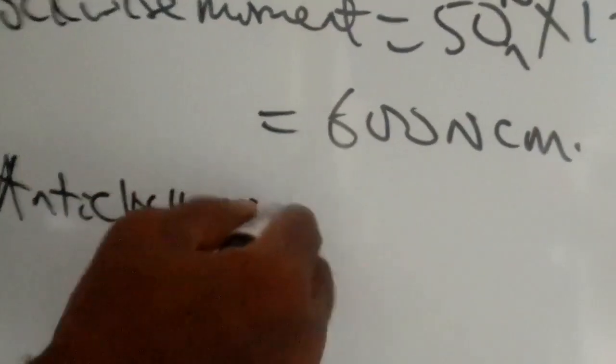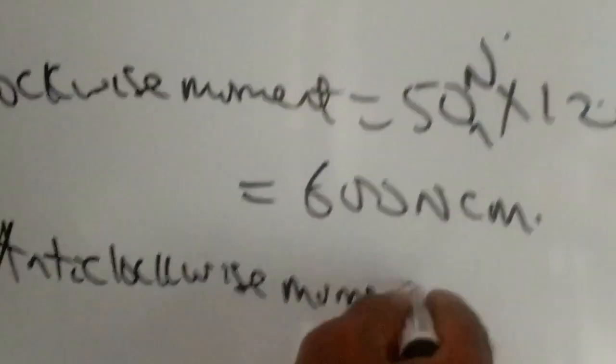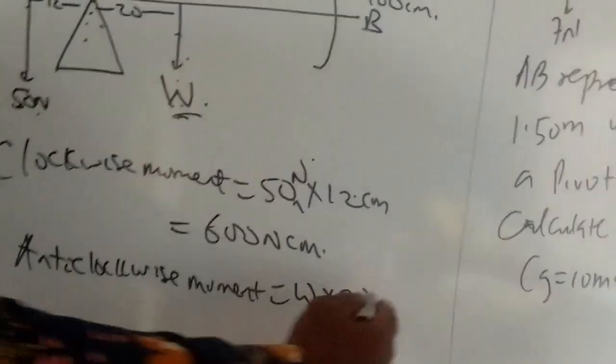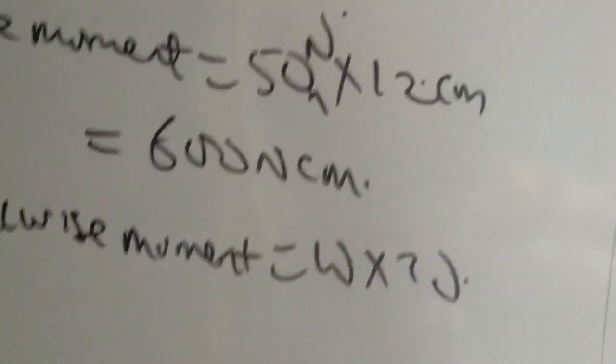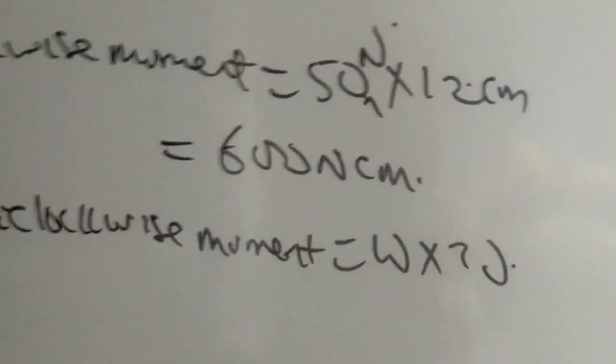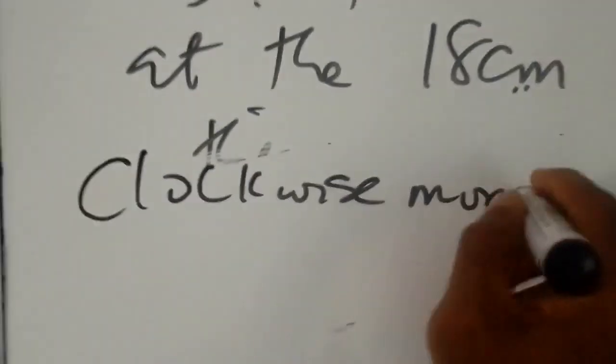Then the anti-clockwise moment will now become equal to the force acting in the other direction, that is W, the weight, times the distance, which is 20. So 20W Newton cm. Now, obeying the principle of moments that says that clockwise moment is equal to anti-clockwise moment.